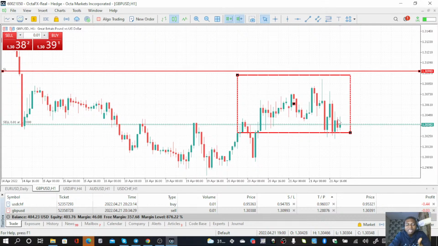Your ability to answer these questions would now take you to the next one, to say, okay, I need to identify the next support and resistance level on a higher time frame.